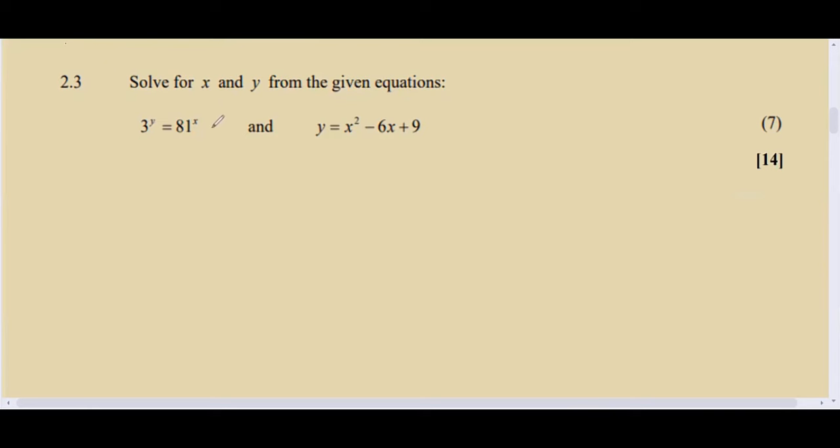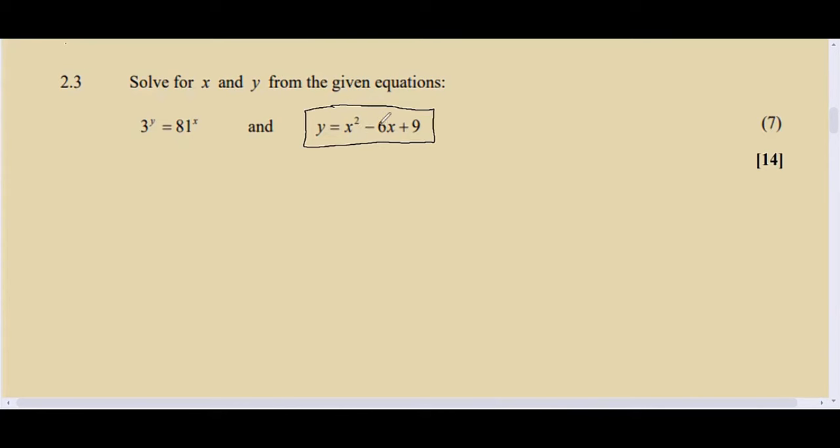But it is still quite easy. Remember, you choose to work with the one that is already given in standard form. We can see that y here is the subject of the formula, which makes it easier for us to deal with this side, right?